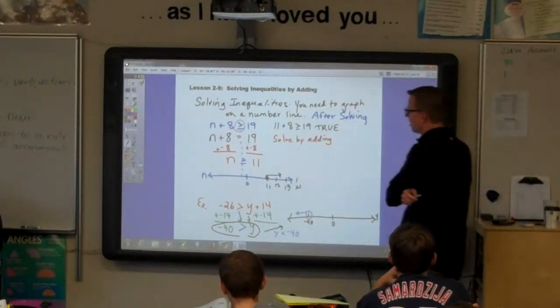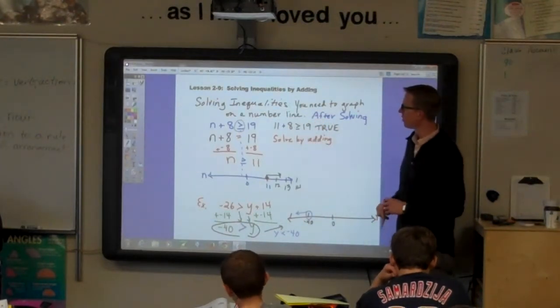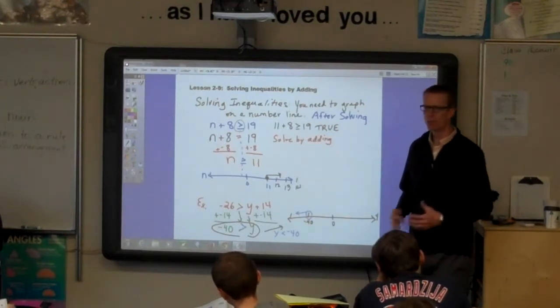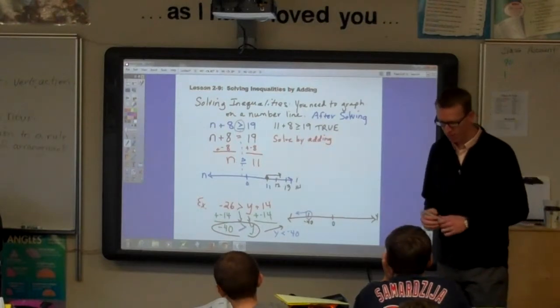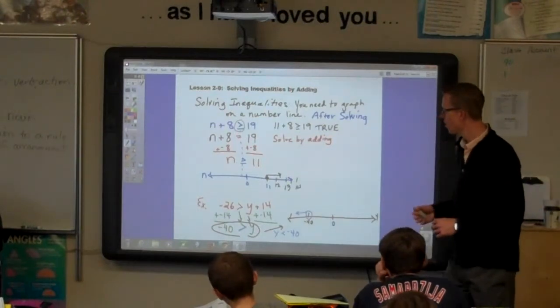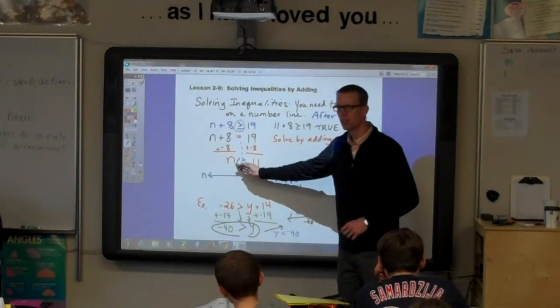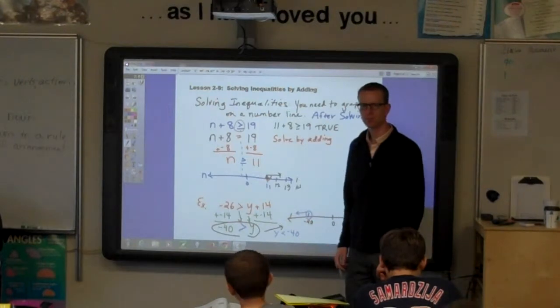Then, in order to get our solution, we have to graph it at the end. Now, we worked on graphing today, and all of you did very well on graphing. We know that if the variable is written first, we're going to graph the number on the number line.